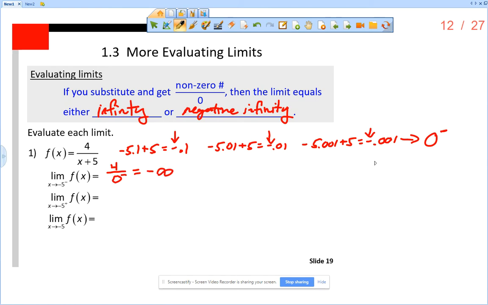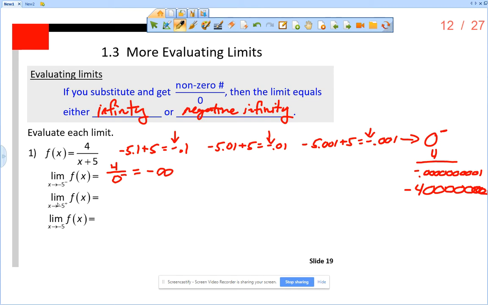Think about 4 divided by negative 0.0000000001. That's going to be a really huge negative number, right? It's going to be like negative 40000000000. So we say that we are approaching negative infinity.